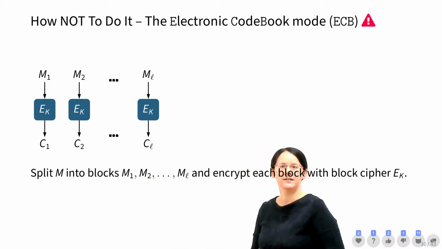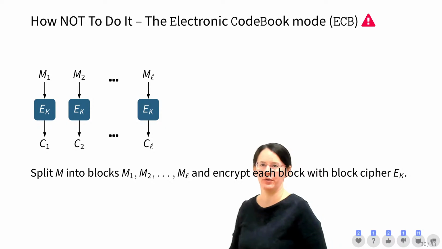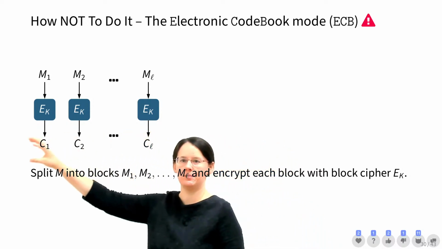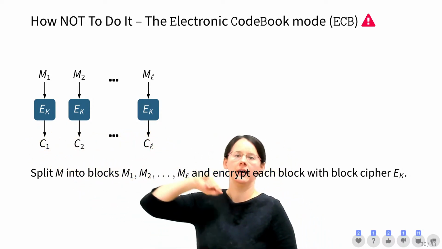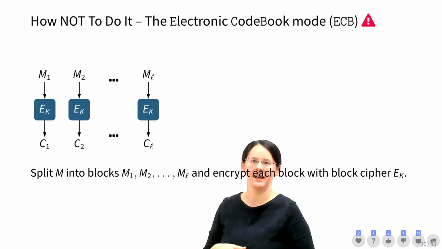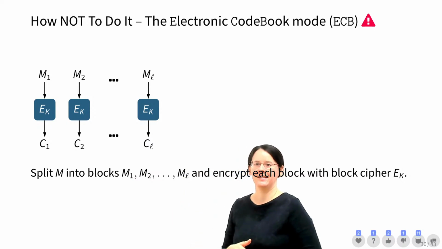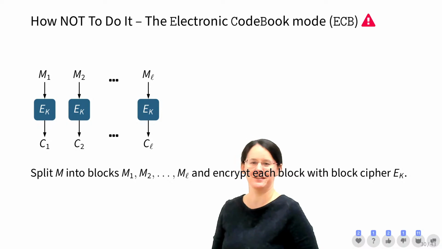And this so-called mode of operation, which means a recipe for how to use the primitive, actually exists. It's called the electronic codebook mode, and it's very unpopular because it is extremely insecure.